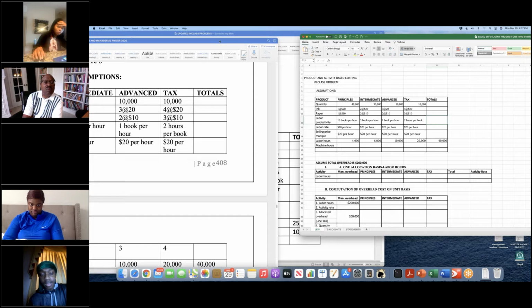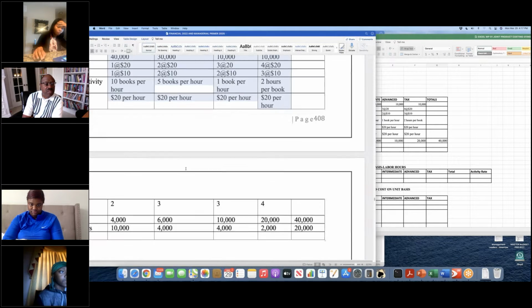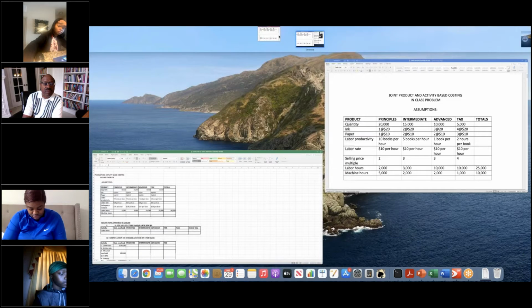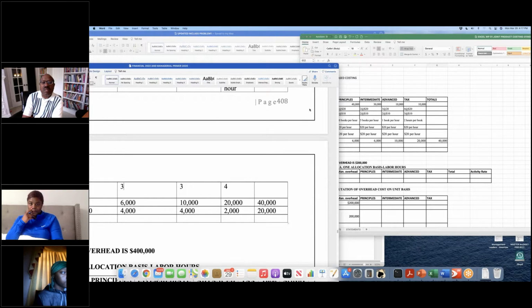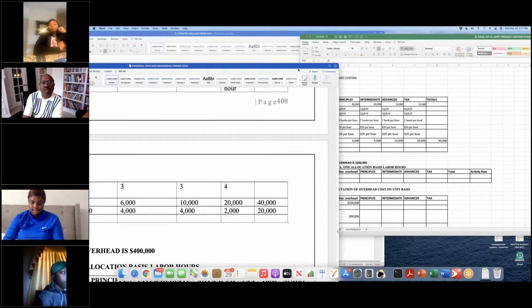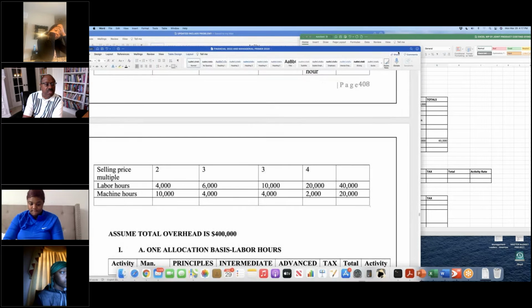Yes, that's the one we need. I need to put the selling price multiples in.